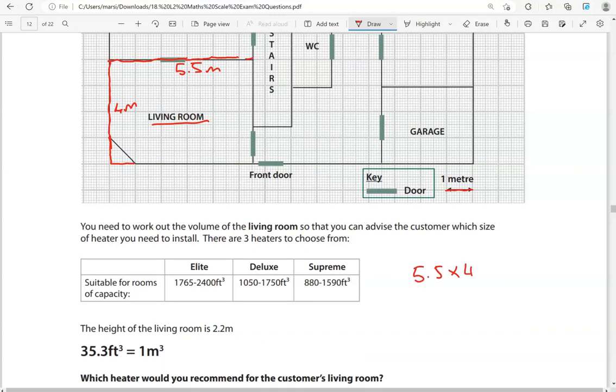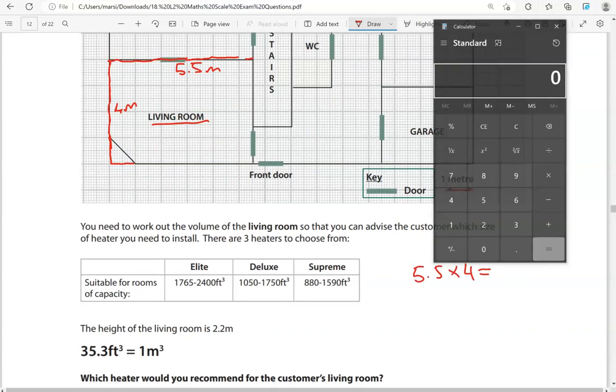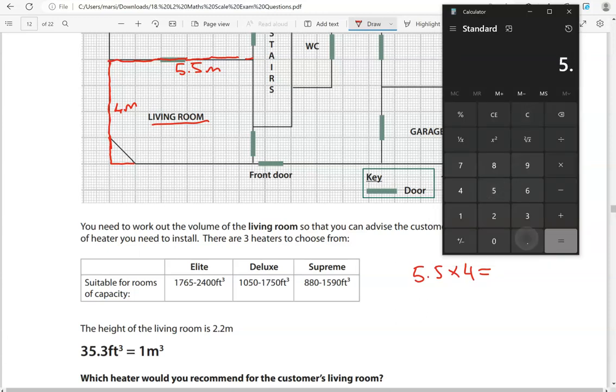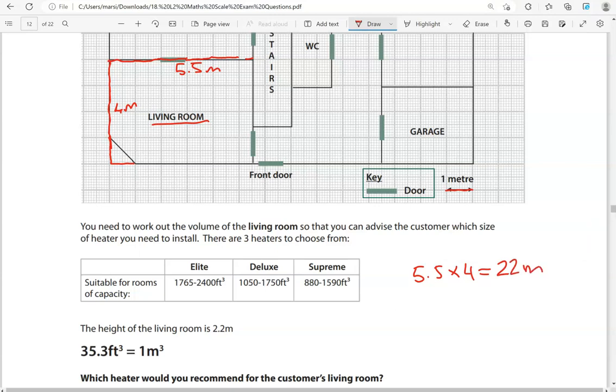5.5 times 4 gives us 22 square meters. Now, taking away the area of the triangle, that is 1 times 1 divided by 2.